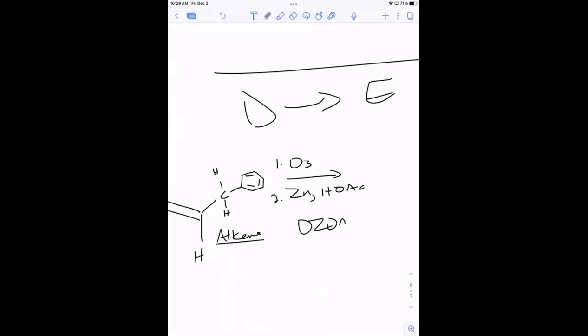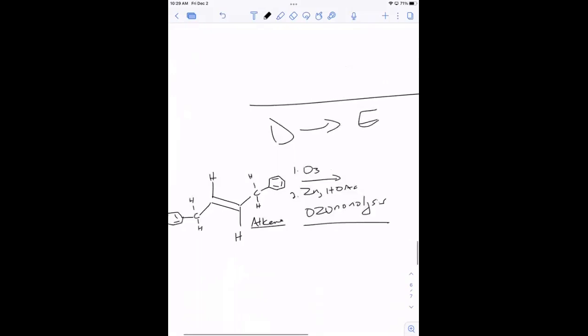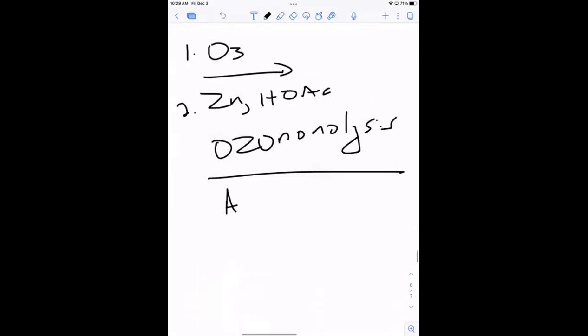It breaks the double bond and turns it into... It converts alkenes into carbonyls.